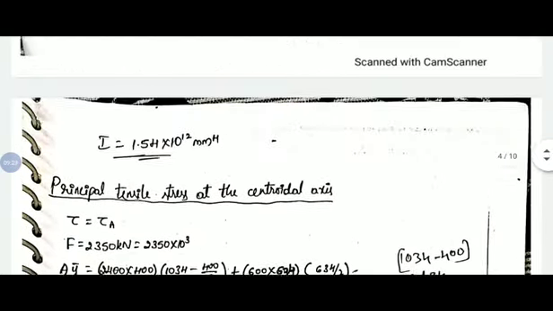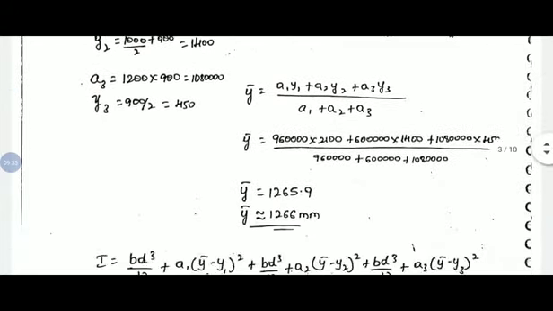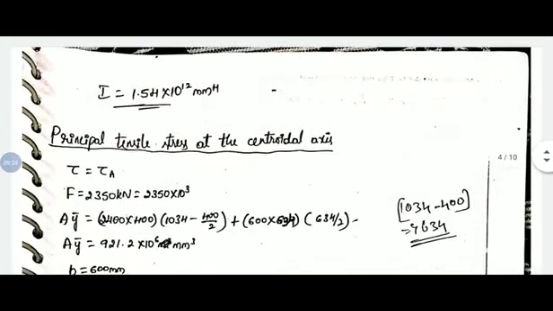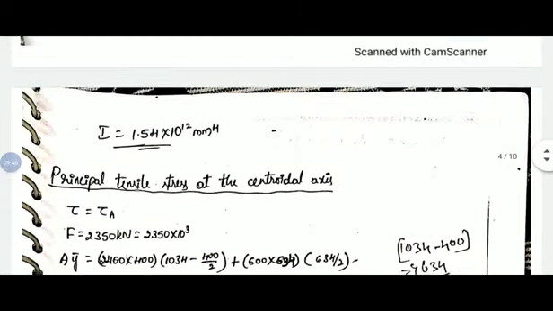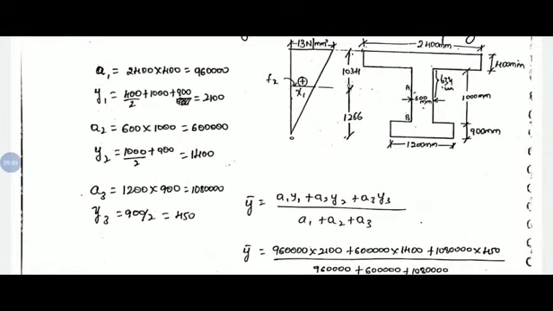So a y bar: the top flange area is 2400 by 400, plus, as we considered a1 y1 plus a2 y2, a1 is 2400 by 400 and y1 is 1034 minus 400 by 2, or you can take 1034 minus 200.